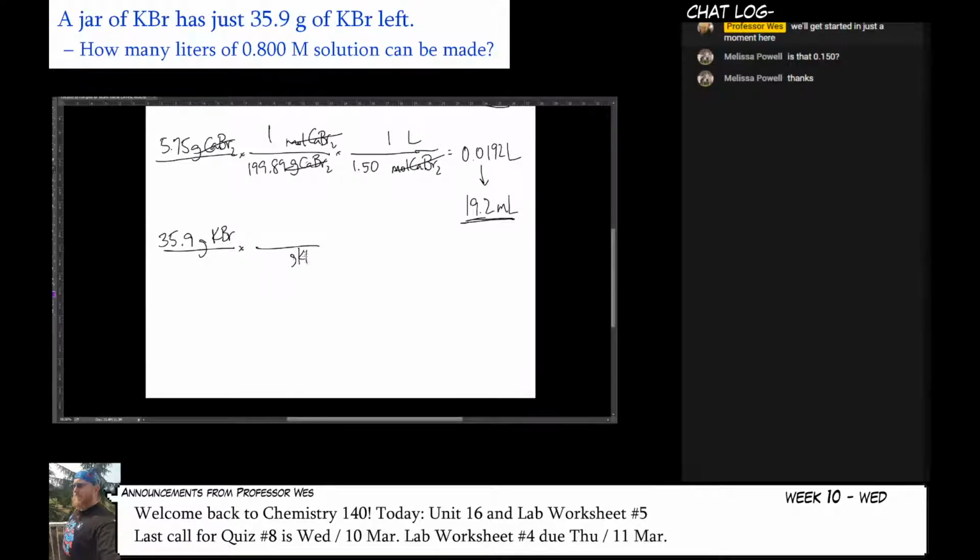We'll turn grams of KBr into moles of KBr. And I gotta go look up that number. Hold on. Is it 119? Yeah, 119. Oops, that's the wrong screen. Hold on. There we go. 119 grams per mole.